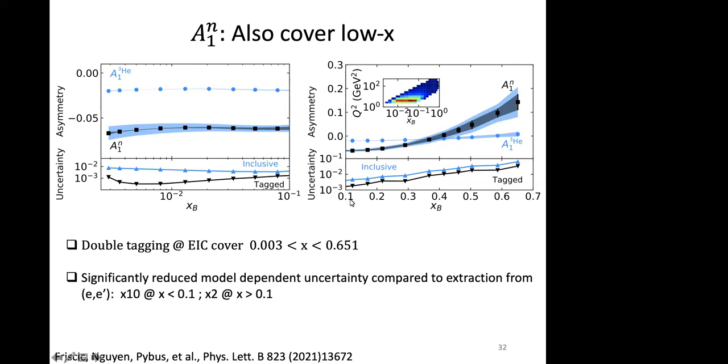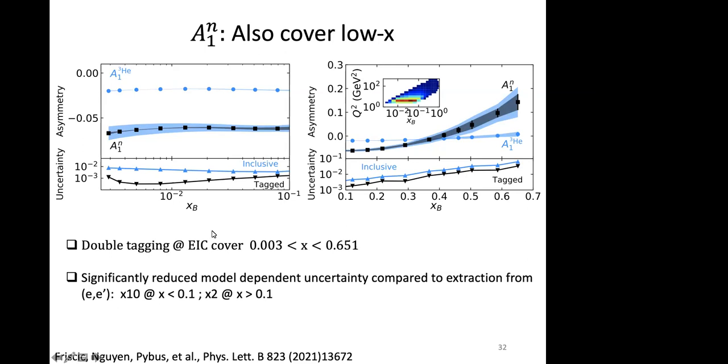One is X bigger than 0.1, and the plot on the left-hand side is for the region of X smaller than 0.1. You can see that it can extend to really low X region, even with the lowest energy setting of the EIC. And we even gain significantly better uncertainty in the low X region as well.